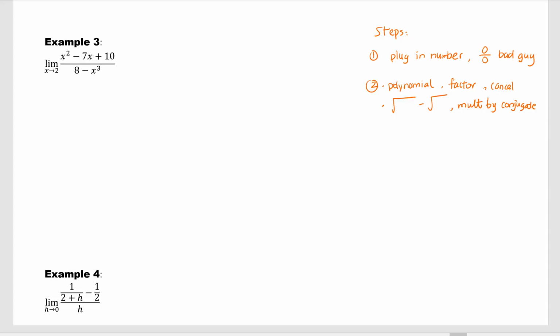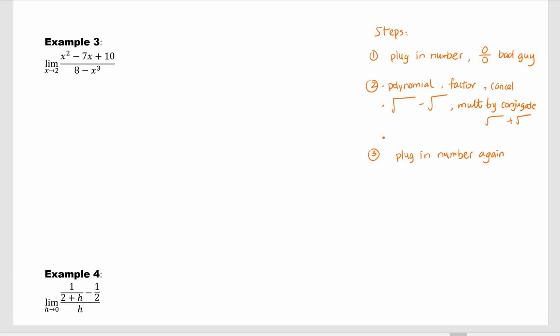What's the conjugate? Well, that is the sum of the square roots, right? And we have one more case we will see today. And then the last step, after we cancel the bad guy, we can plug in the number again to evaluate the limit.